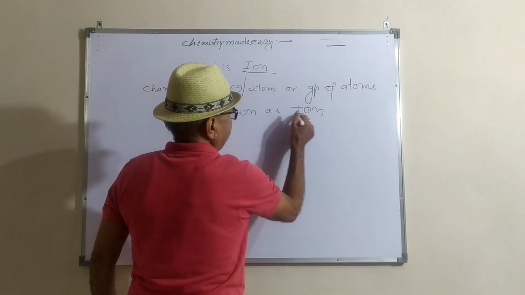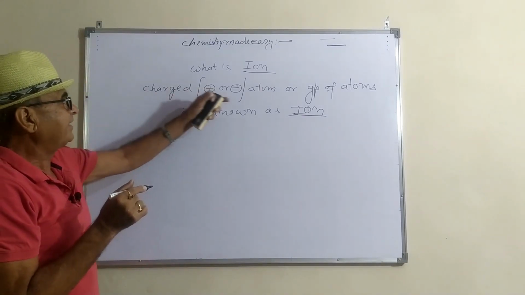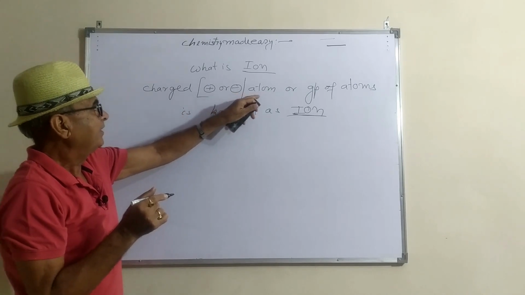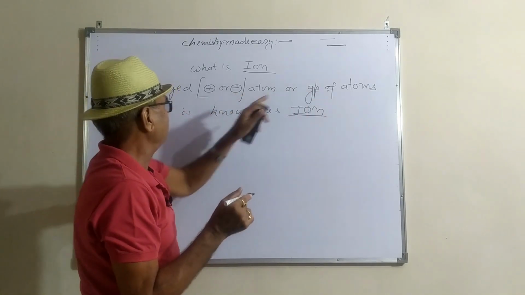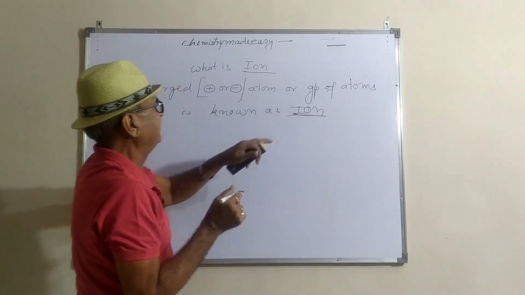This is an ion. A charged atom, whether positive or negative, or a group of atoms is known as an ion.